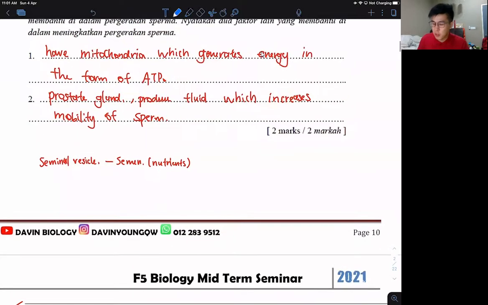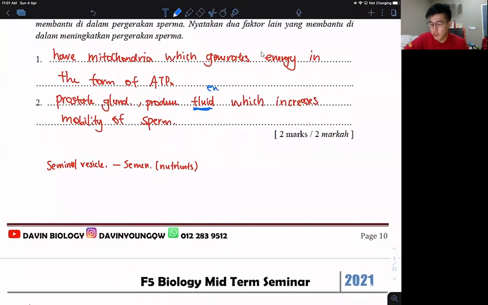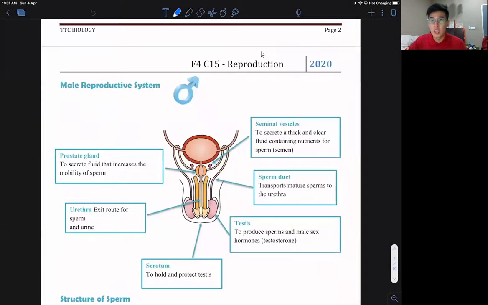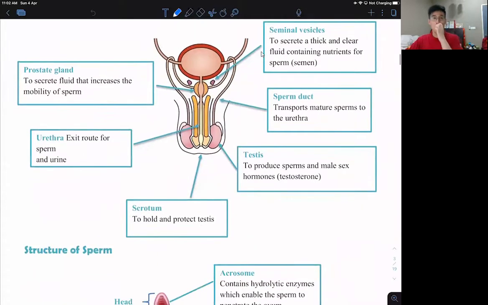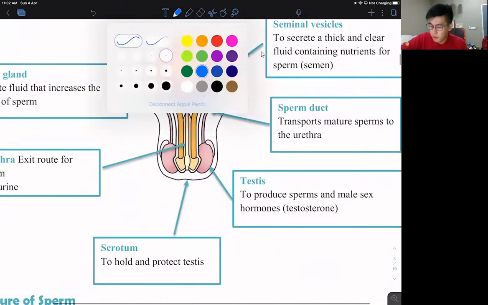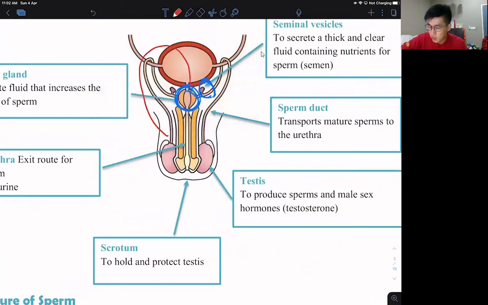The prostate gland's fluid only gives energy, while the seminal vesicle provides nutrients other than energy to keep the sperm alive. I didn't include this part in the notes, which is over here. The prostate gland is the one mentioned just now, and the seminal vesicle is over here. Before the sperm from the testis come out, they need to pass through here first.